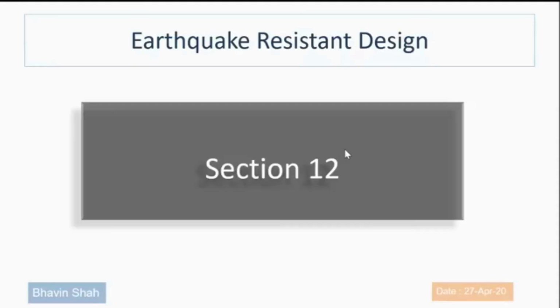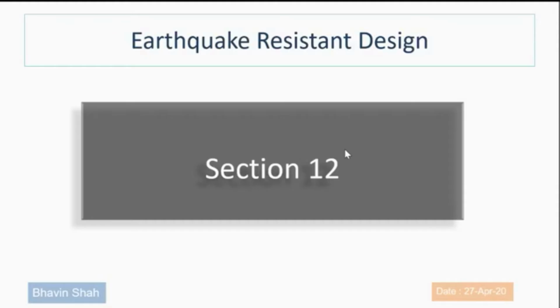So firstly, we will start with IS 800 2007. When we talk about earthquake resistant design, Section 12 was introduced in the IS 800 code for earthquake resistant design of structures.